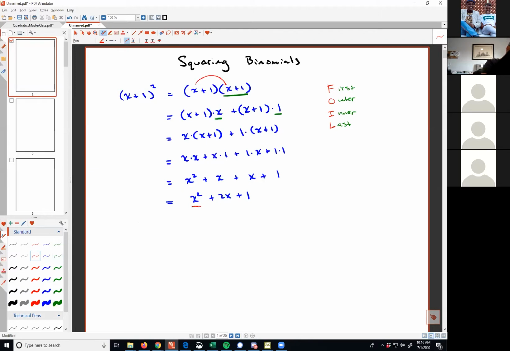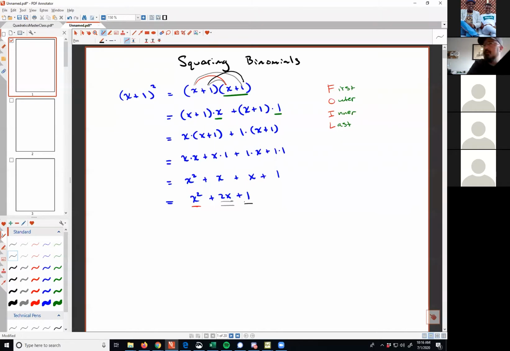We wound up with x squared. And then we do the outer terms, x times 1. And we wound up with an x. And then the inner terms, 1 times x, and we wound up with another x. And then finally we did the last terms, 1 times 1, and we wound up with a 1.